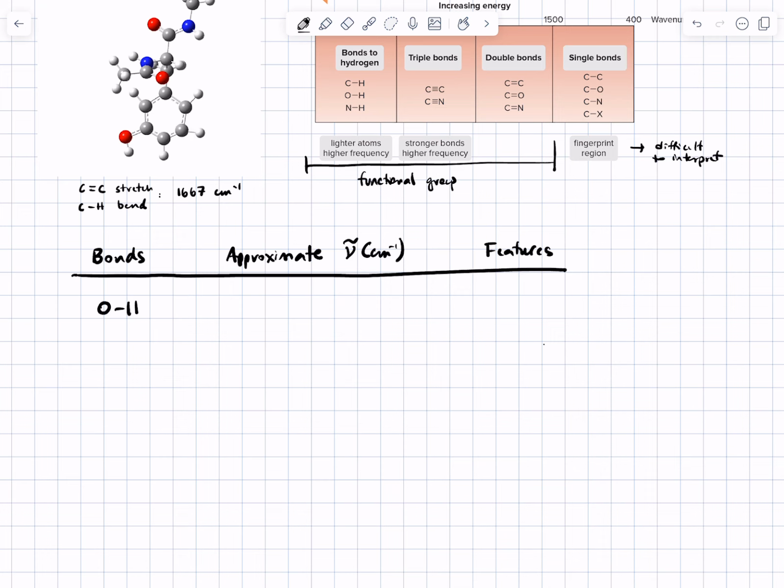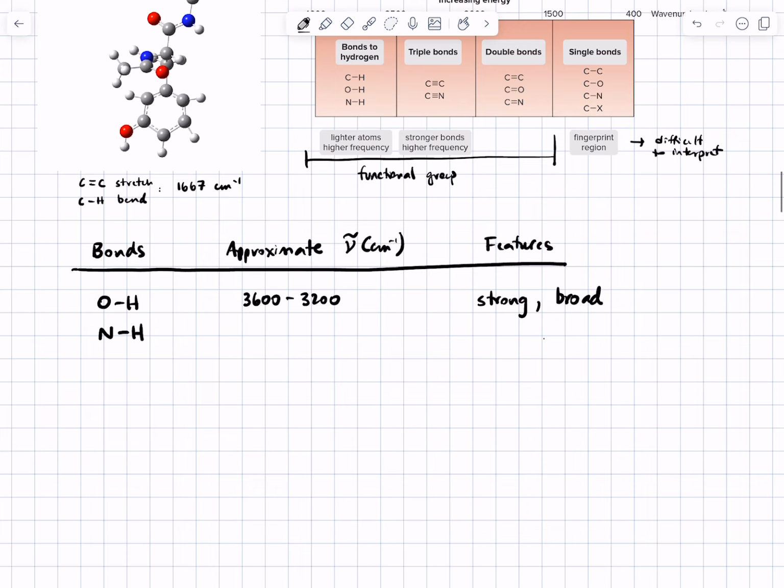The OH bond generally shows a peak in the range of 3600 to 3200 wave number. We're going to describe peak intensity, that is how high up the peak goes, with words like strong or medium or weak. We'll describe the peak shape with words like broad or sharp. The OH peak is generally broad. It's maybe the broadest peak that you will see.